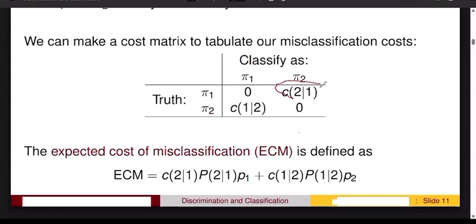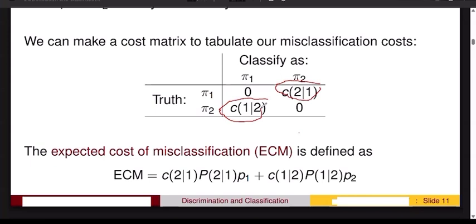This is the cost of classifying somebody into group two, and that person by nature should be in group one. And this is the cost of classifying somebody into group one, and by nature, it should be in group two. So definitely you are never going to have zero.